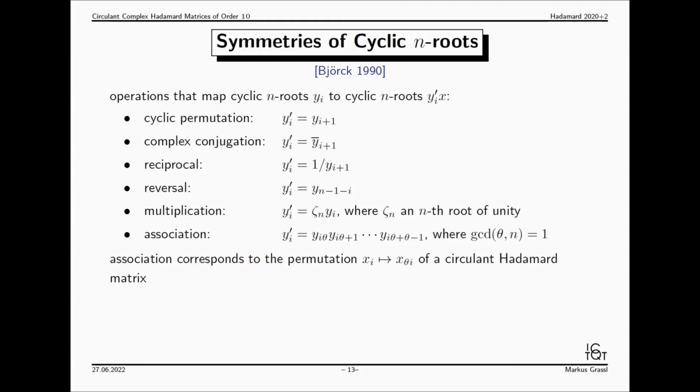Then a permutation, when you have something that is co-prime to the dimension n, if you multiply each coordinate by this element theta, you have a permutation which normalizes the cyclic group, and that's why you have this additional symmetry. And if you apply this permutation to the original variables and then transform it to the other variables, you get this type of transformation, which again is a symmetry of the problem.